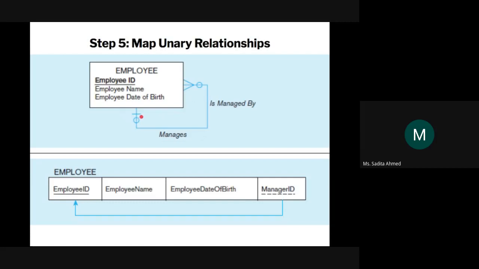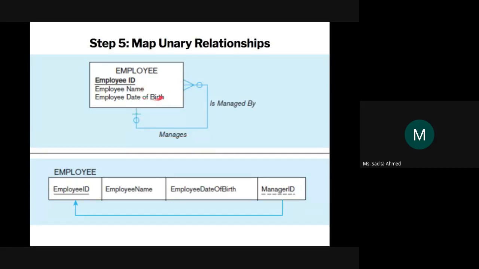Because it's a one-to-many relationship, if we use this part here, the fact that an employee may be managed by one other employee, এই জিনিসটা যদি আমরা ইউজ করি তাহলে কি বলতে পারি? একজন এমপ্লয়ির একটাই ম্যানেজার থাকতে পারে at max. An employee may be managed by one other employee.